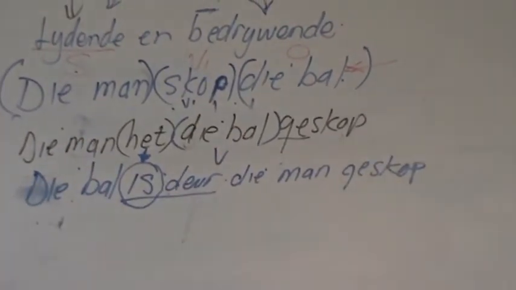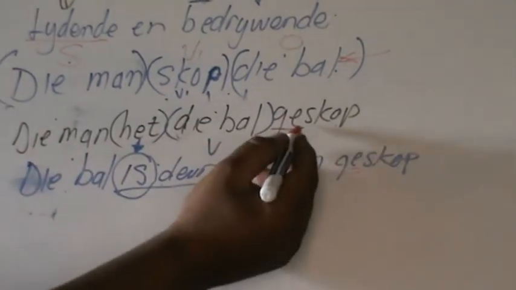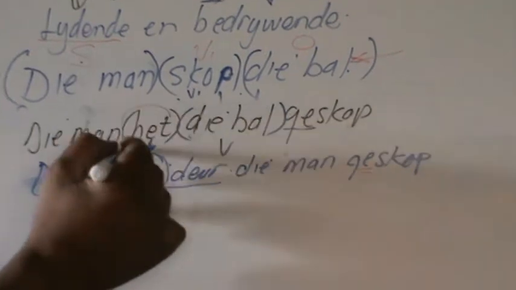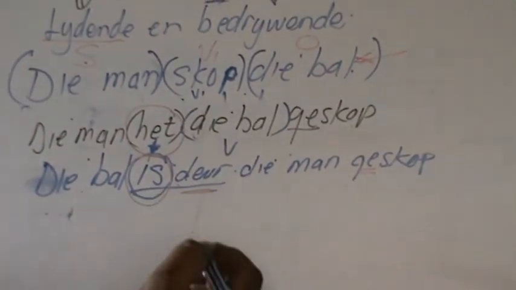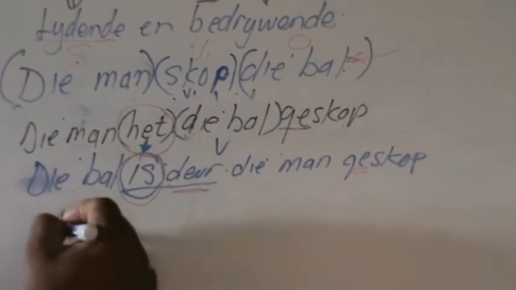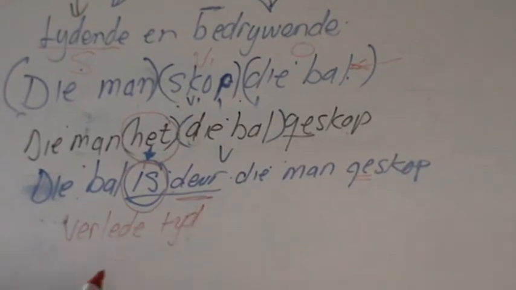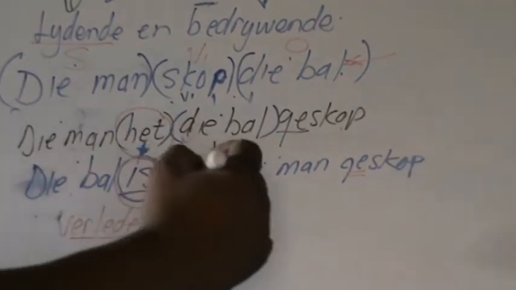Right? There we will see our verb still has ge there, right? And then het changed into is. And deur will forever be there. This one is verlede tyd. Right? This one is verlede tyd. Past tense, people. Right.